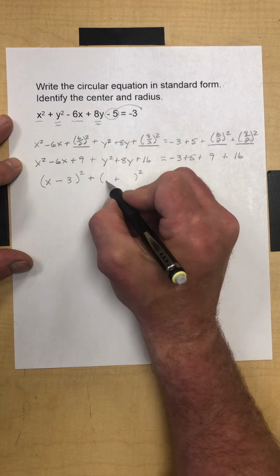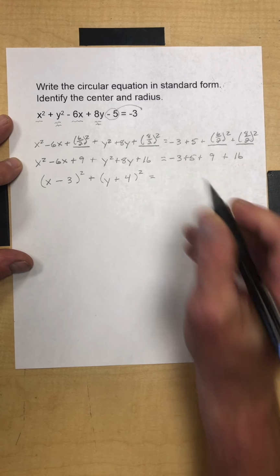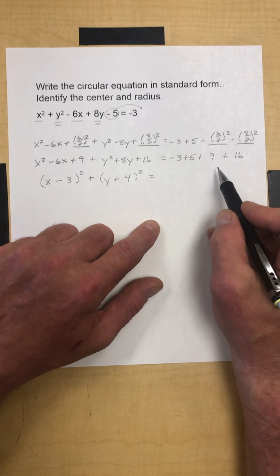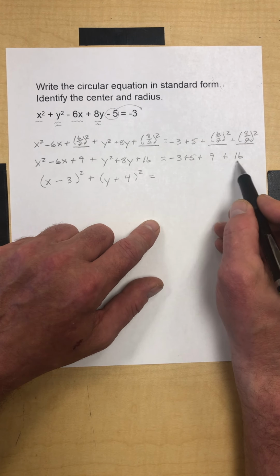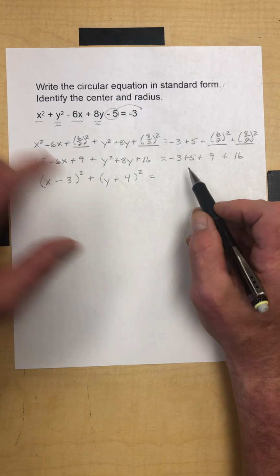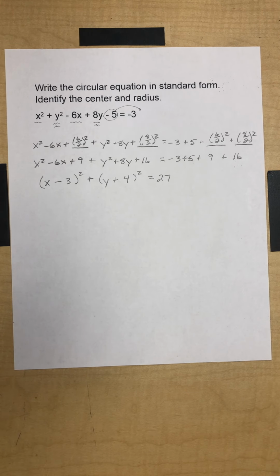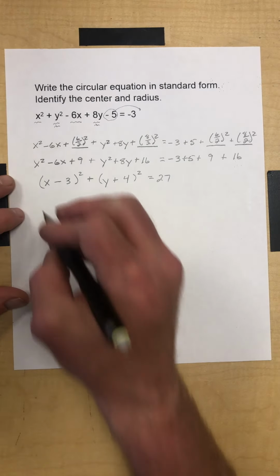The square root of y squared is y. The square root of 16 is 4. And then on the other side, this would give me 25, 30, 27. So now it's in standard form, and now I can identify the center and the radius.